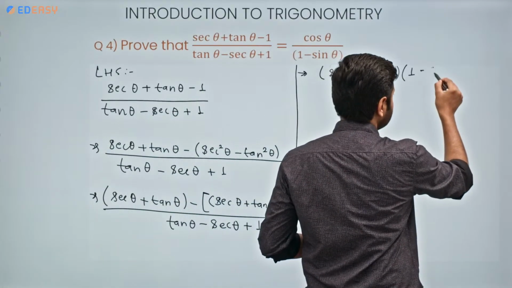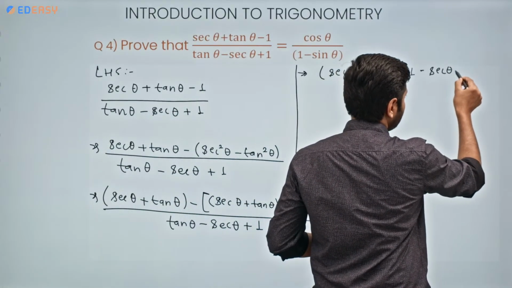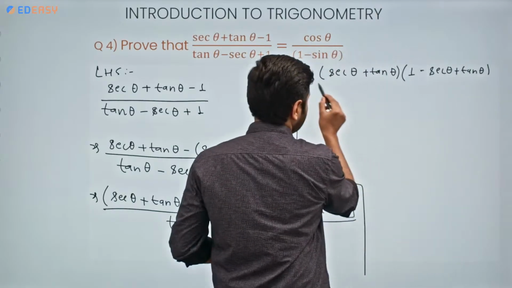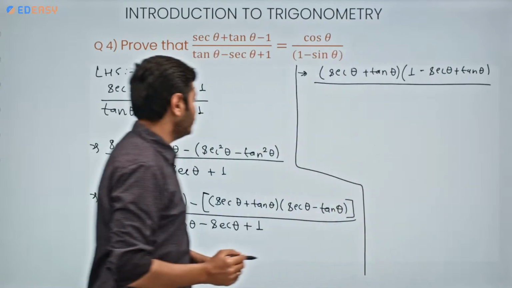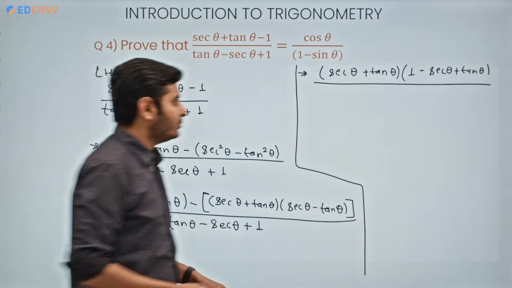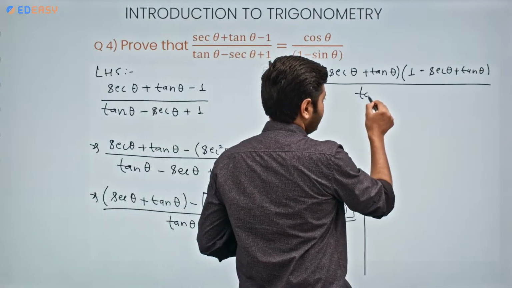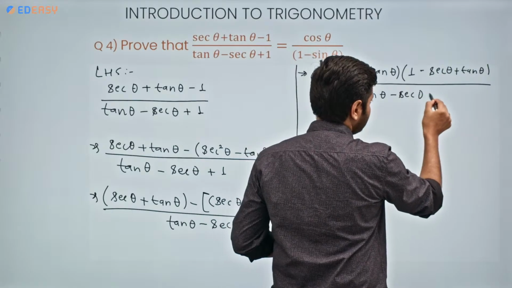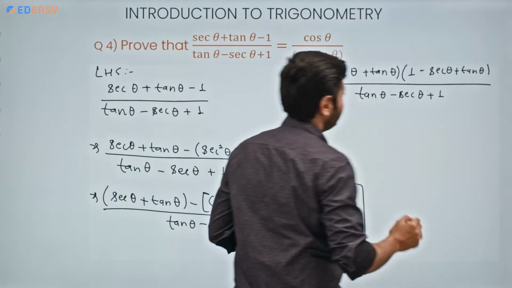So 1 minus secant theta plus tan theta is what you are left with inside. And in the denominator, we are left with tan theta minus secant theta plus 1.